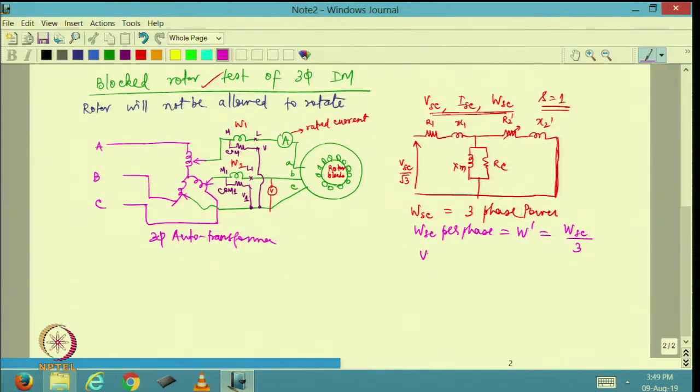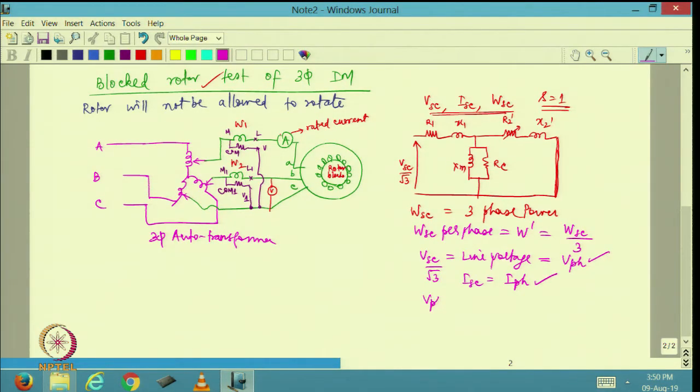Now, I can write VSC, which is the line voltage during short circuit condition. Let me get the phase voltage, which may be VSC divided by root 3 if it is a star connected induction motor. So, V phase is available with me, and if it is star connected, ISC will be equal to I phase. So, phase current is also available with me.